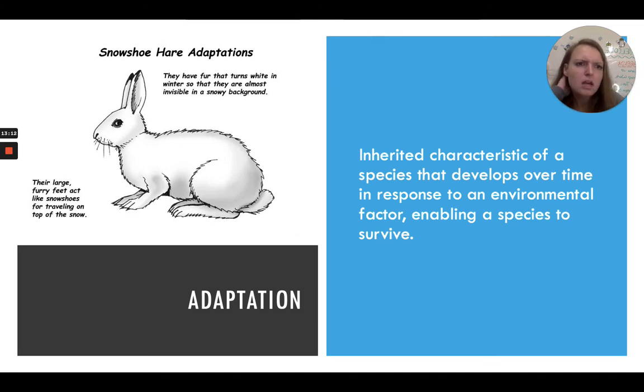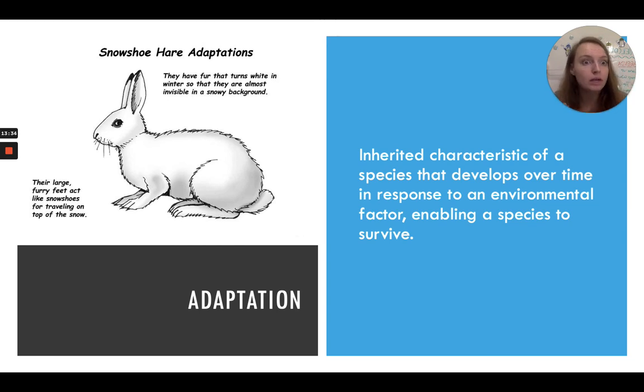and the species to survive. So if you're like, I'm still not connecting the dots here, let's check out this snowshoe hare, all right? So you're like, it's a bunny. This is a rabbit that lives in the Arctic, all right? And these hares have the adaptation that they have fur that is white in the winter.